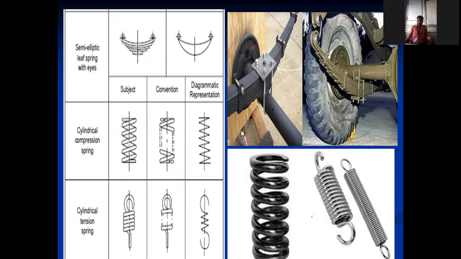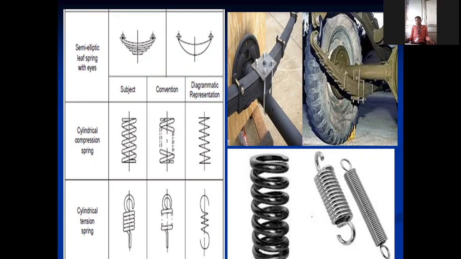So what do you understand by leaf spring? Leaf spring म्हणजे काय मग कोण सांगेल मला? One line: it is used as a shock absorber in automobile. And two things are related to leaf spring: one is eye and another is center band. Why is eye used in the leaf spring?